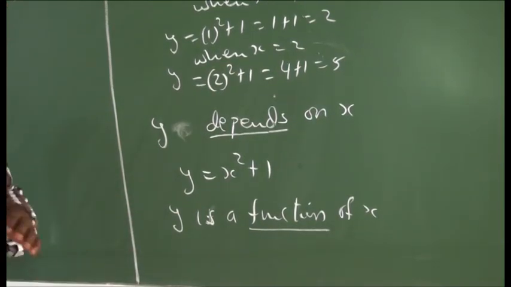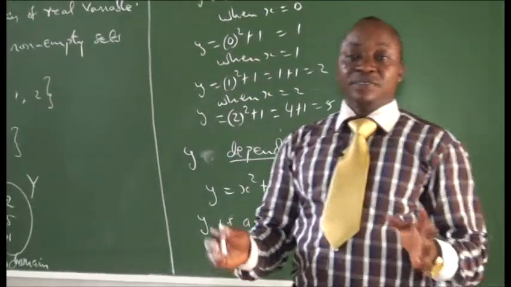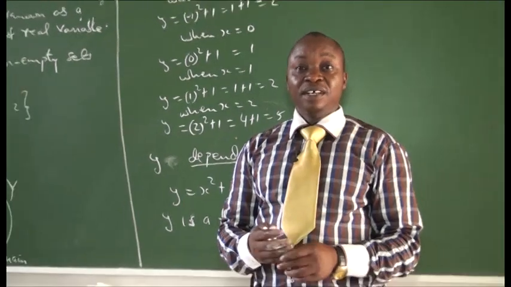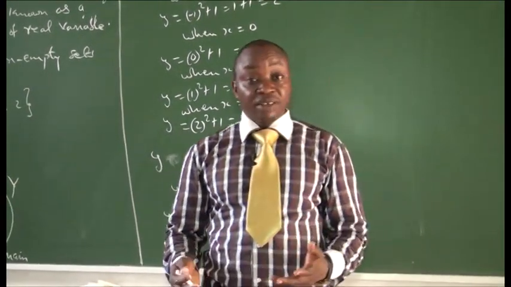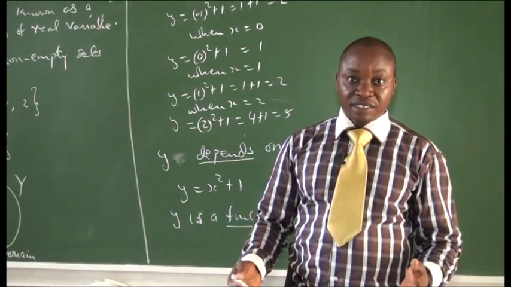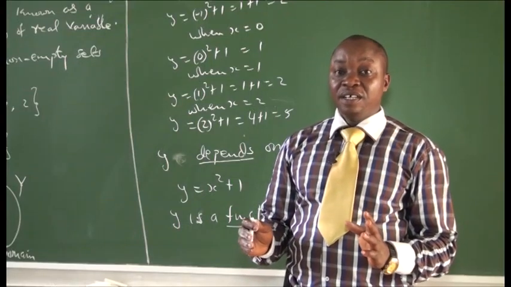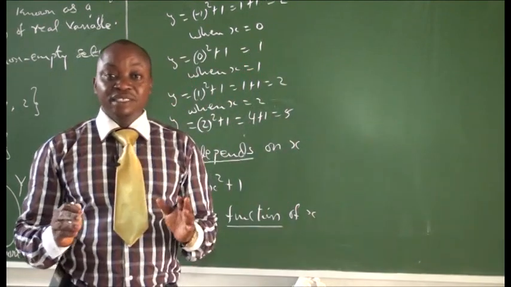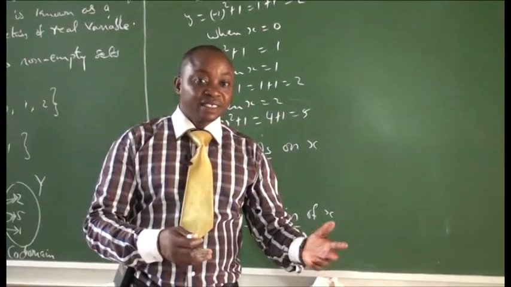So the word function here, you can see, corresponds to things that depend. Do you also know that 70% of students are functions? How? Because they depend on their parents, they depend on their uncles for their school fees and other things. So the parent is the independent variable, while the student is the dependent variable.